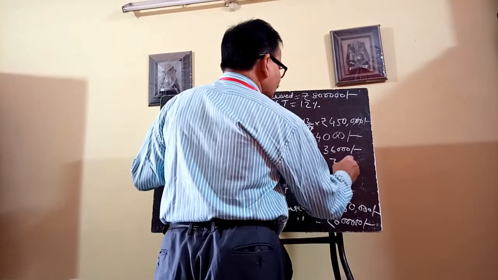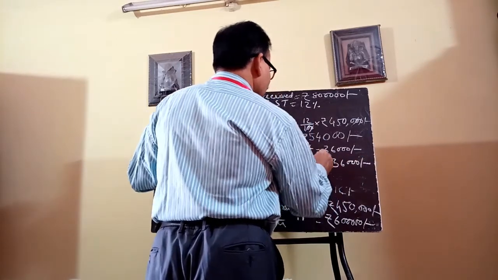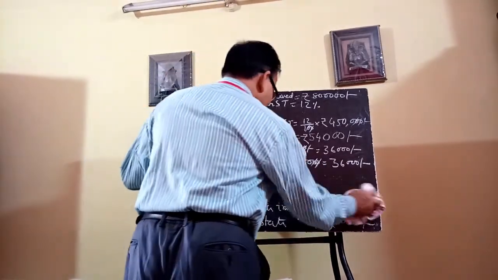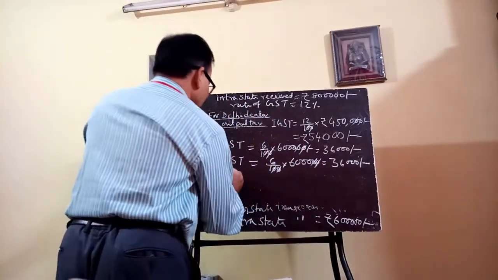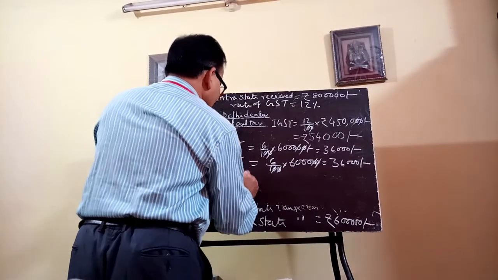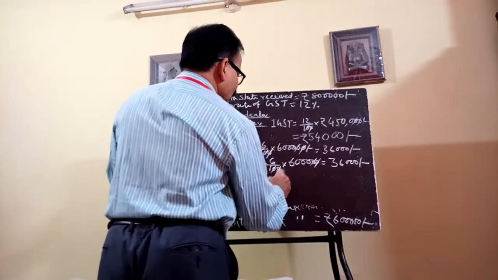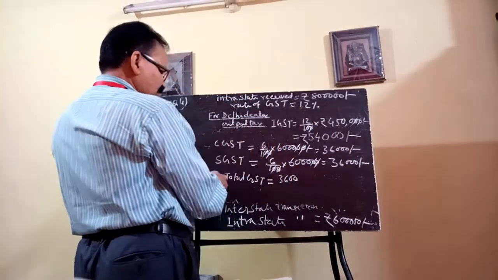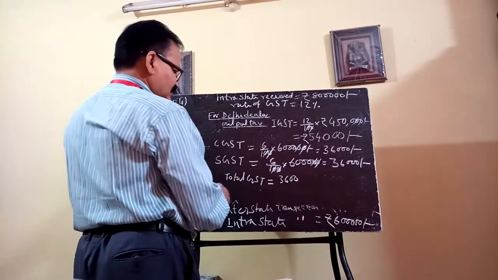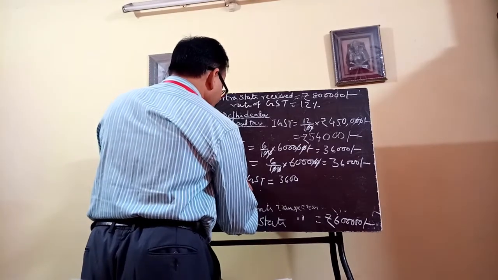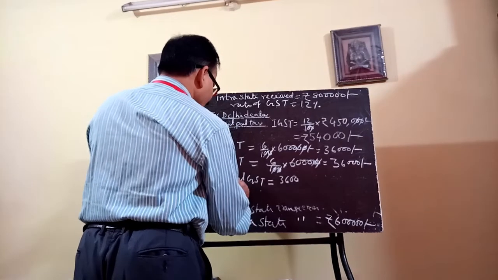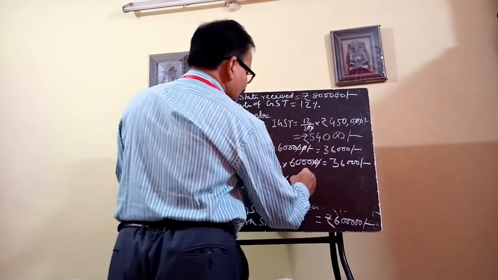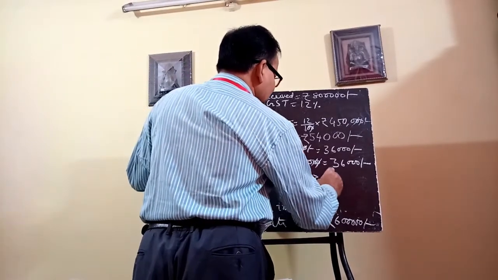So this will be again 36,000. Total GST for intra-state transaction is 36,000 plus 36,000.